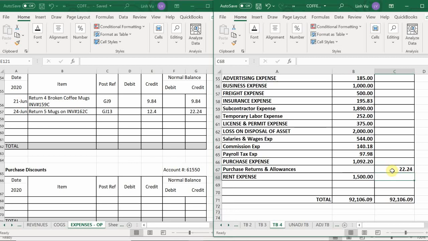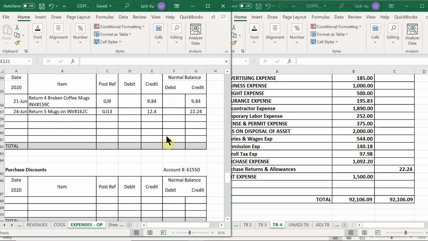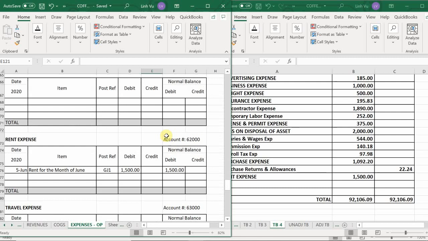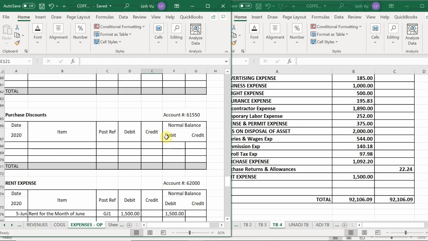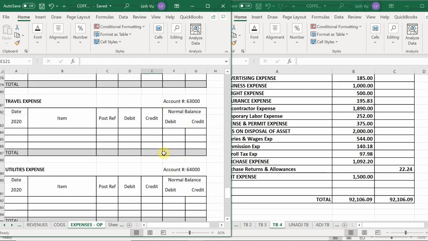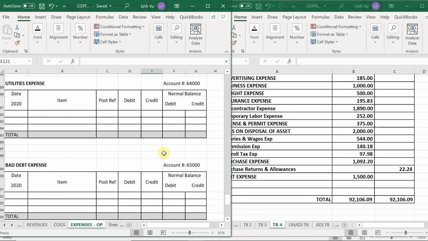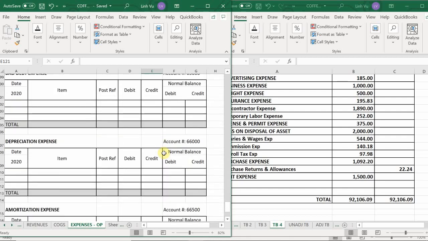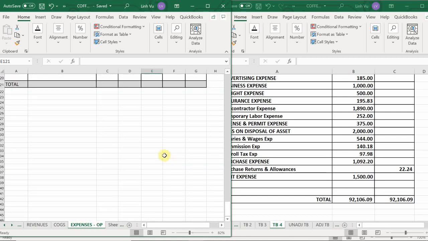Okay. Then we have rent expense. Right? No purchase discounts. Rent expense is still 1,500, right? And no travel expense, no utilities, no bad debt, amortization, or depreciation.